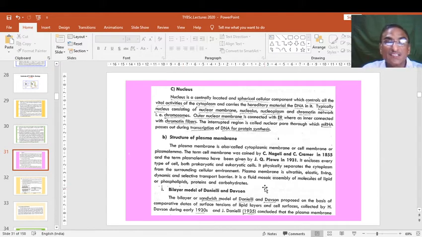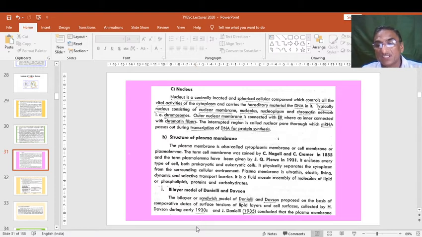Then in the structure of plasma membrane, two models are very famous. The bilayer model of Danielli and Davson: this pair identified that the plasma membrane has double layers, therefore it is called a bilayer membrane or sandwich membrane.